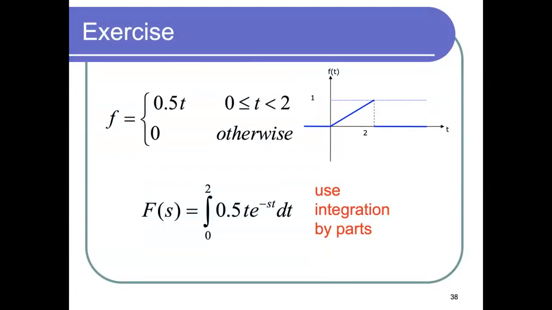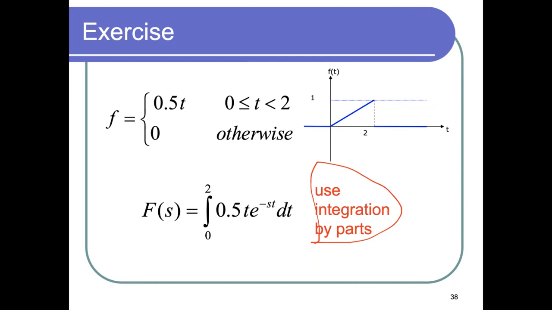So honestly, I'm not going to solve this on the board, but the reason I asked you to do it by hand is that later, when we use the Laplace transform properties, we will have some tricks and techniques that make it easier to find the Laplace transform sometimes.